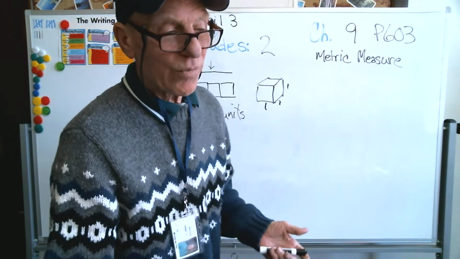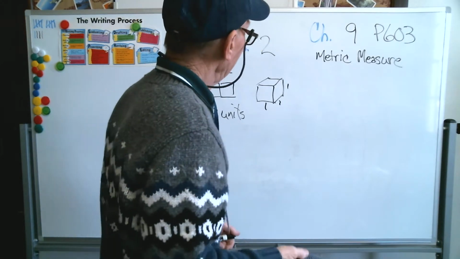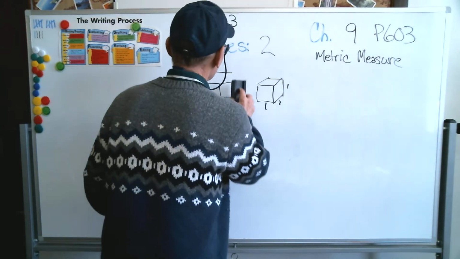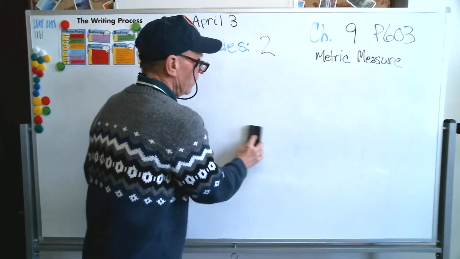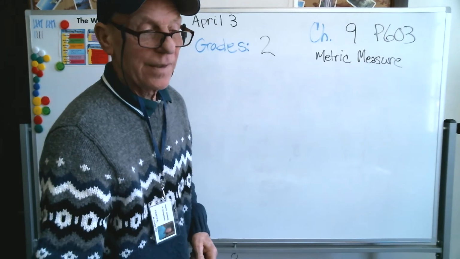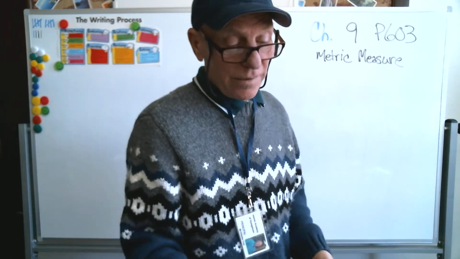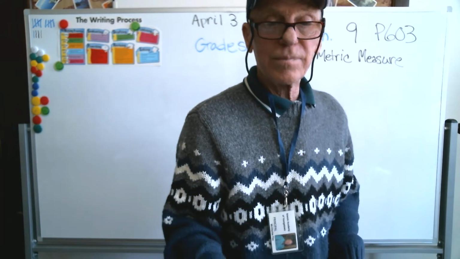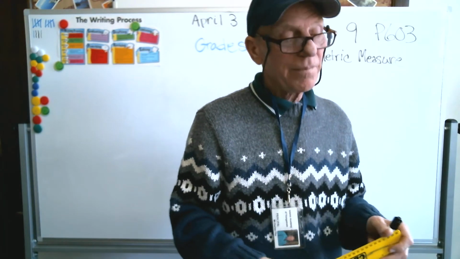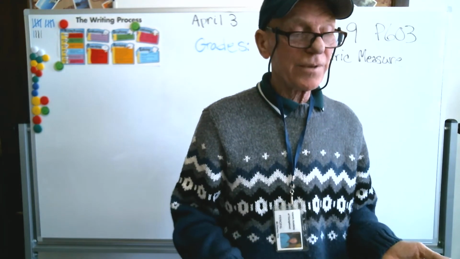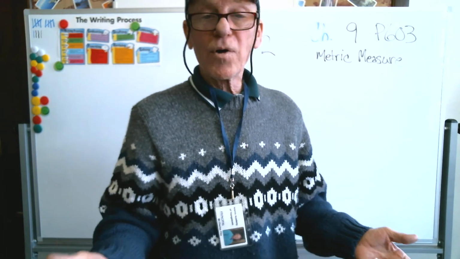Now the units that we're going to concern ourselves with as we get into this lesson is centimeters. Centimeters are a measure of metric that if we used it in this country instead of inches and feet, it'd be a lot easier because it's really simple to understand because it's all in multiples of 10.